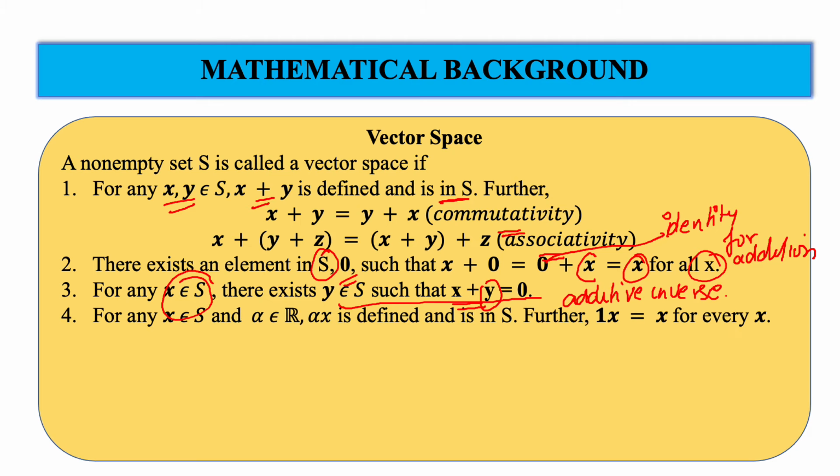Now for any x belonging to S and alpha belonging to the set of real numbers, alpha x should be defined and should also be in set S. And one scalar multiplied by x should give you x for every x in the set, so this is called the multiplicative identity.